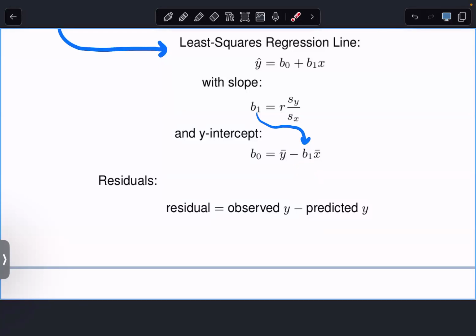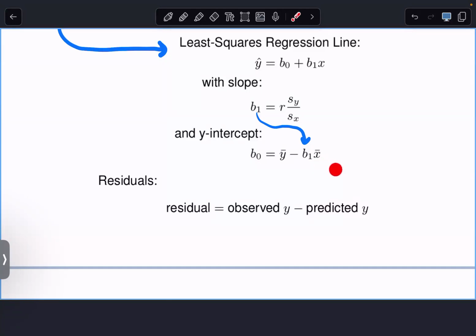The least squares regression line always passes through x bar, y bar. It's just a fun fact, not worth remembering or anything, but that's what we're using to find this y-intercept. Okay, y bar is the average of the responses, x bar is the average of the explanatory variable.